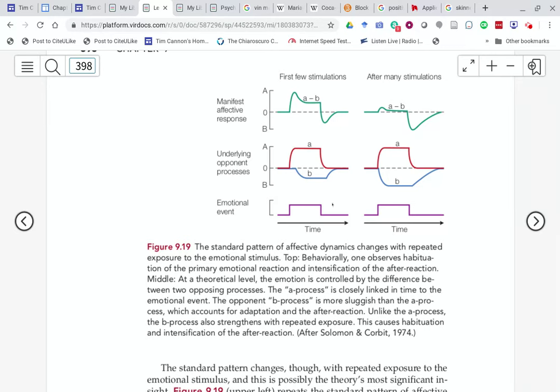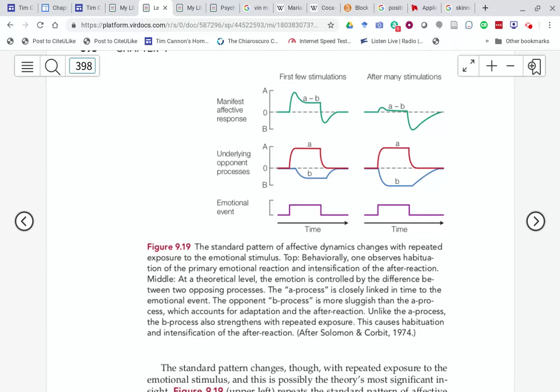So this is a histogram. You go from no event to bam, the event's on, the event's on, and then the event's off. Time is the horizontal axis. So we have a discrete event, and we're staying on the left side, first time, first few experiences. The stimulus comes on, stays on for a while, and turns off.